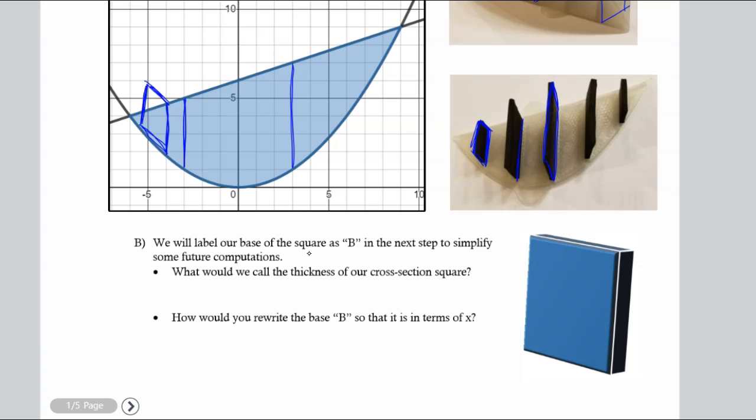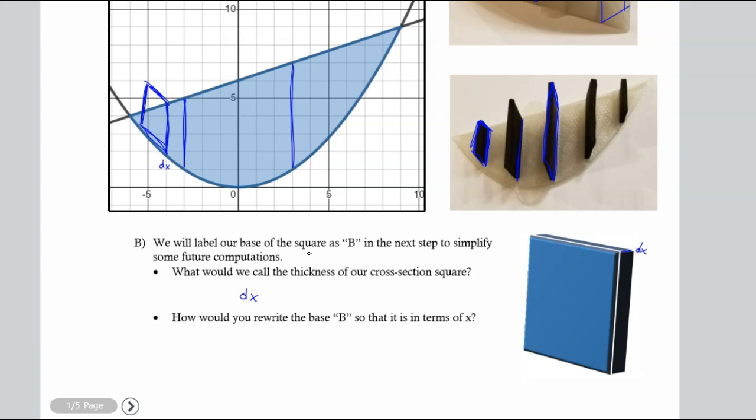What do we call the thickness of this square? Well, in this case, vertical rectangles, that's going to be a dx for the thickness. So that's this little thickness right here, dx. Like I said, in other cases where maybe you're perpendicular to the y-axis or parallel to the x, you might have a dy, but this one we got a dx.